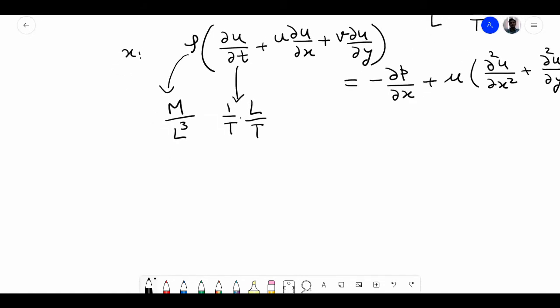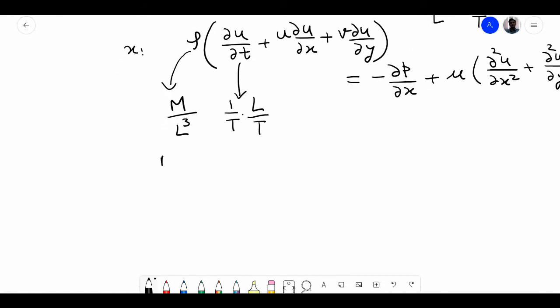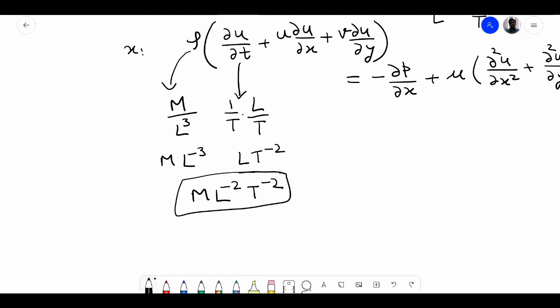The notation that is generally used is like this: Lt minus 2. So the dimension of this entire term, rho dou u by dou t, that is m L minus 2 t minus 2. Okay, this is the dimension of one of these terms, rho dou u by dou t.